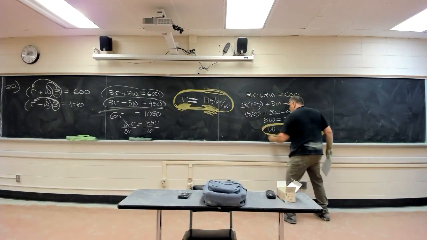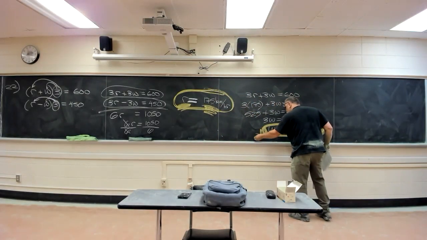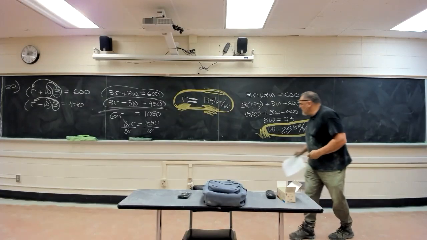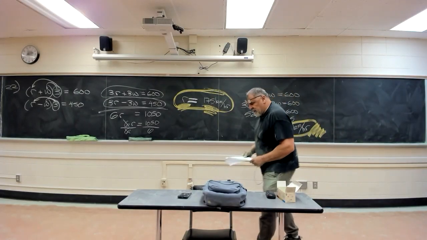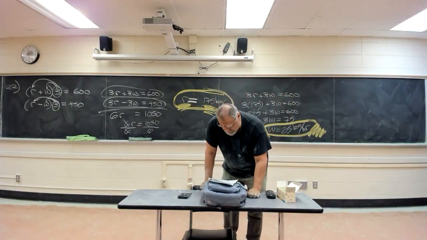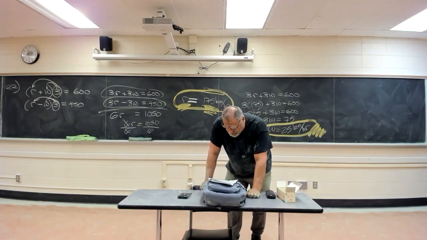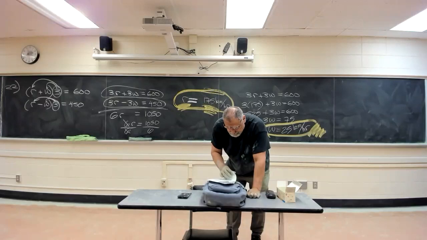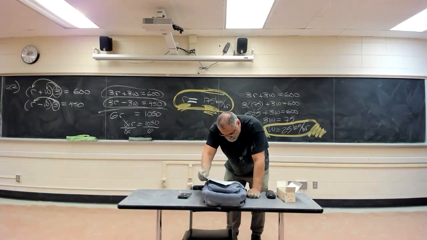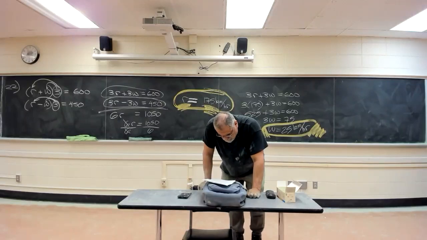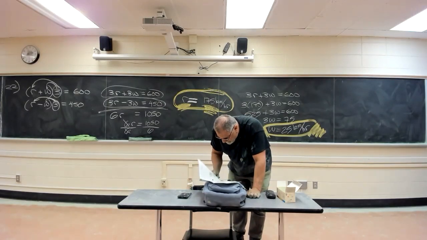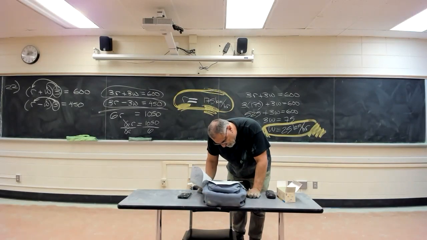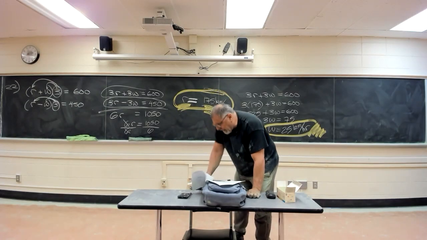So there's r, there's w: 175 and 25 respectively. Airplane in still air, 175, and wind, 25. Okay, I put it in kilometers per hour, guys.